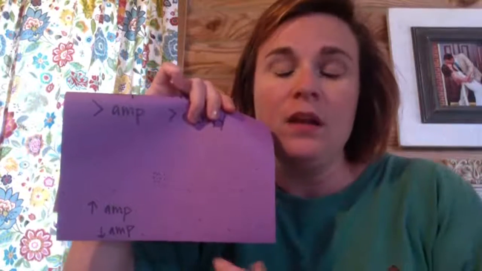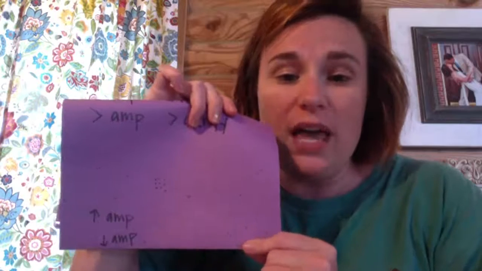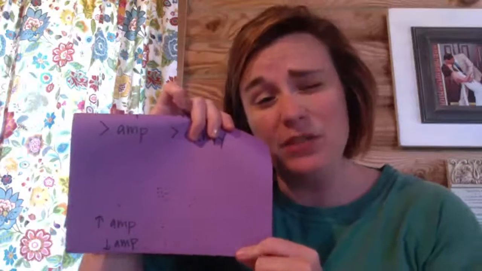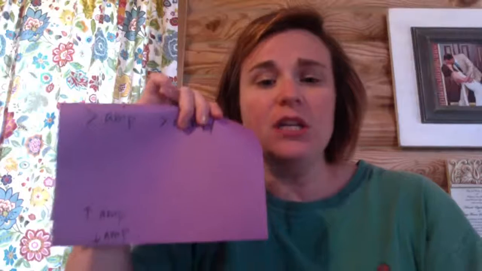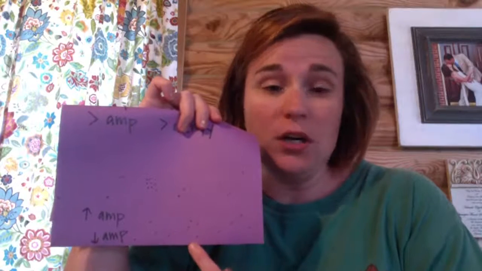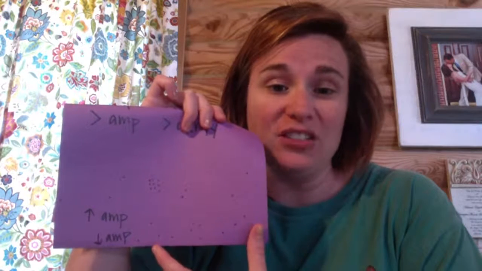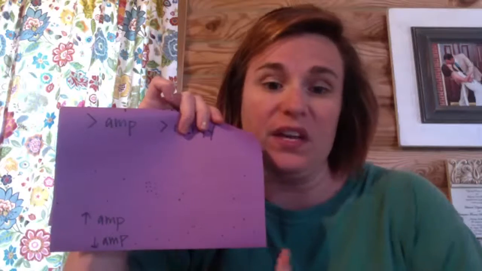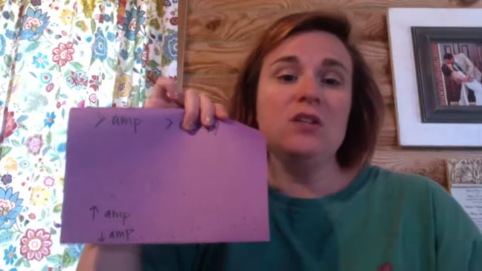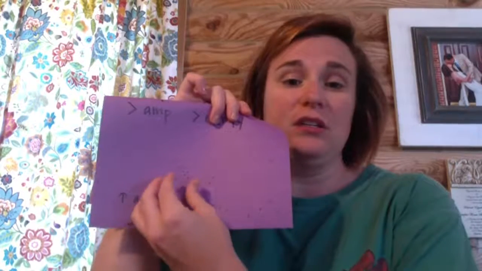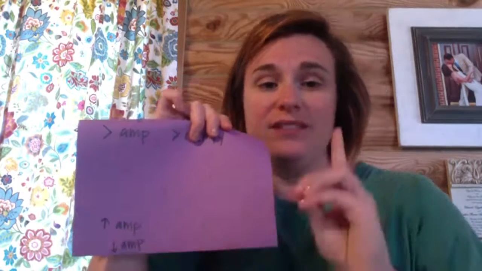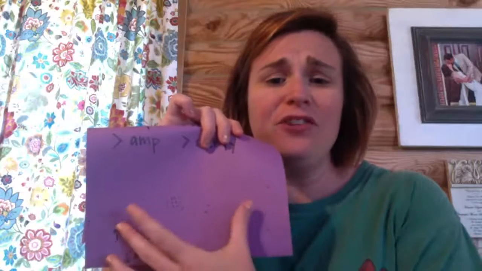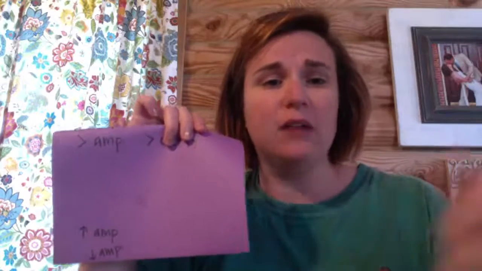If you have a wave that doesn't have a lot of amplitude or doesn't have a lot of energy, your compressions aren't going to be close together and your rarefactions aren't going to be real spread apart. It's just going to be kind of mixed in together. So if your compressions are real close together, that means it's high energy. If your rarefactions are real spread out, it's high energy. So it would have a higher amplitude.